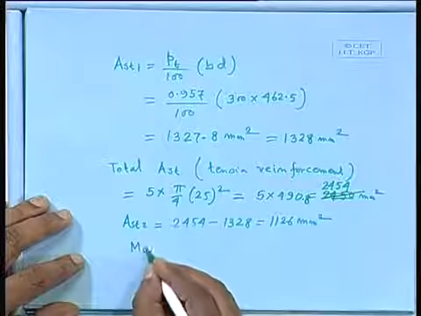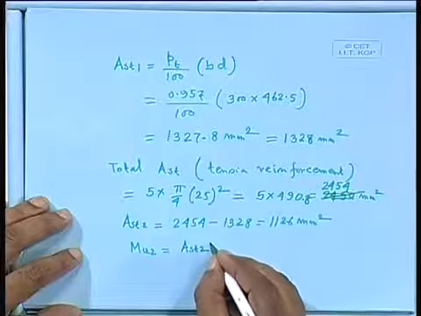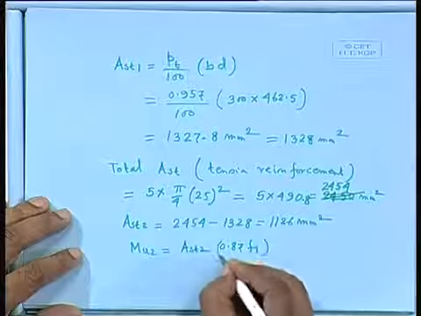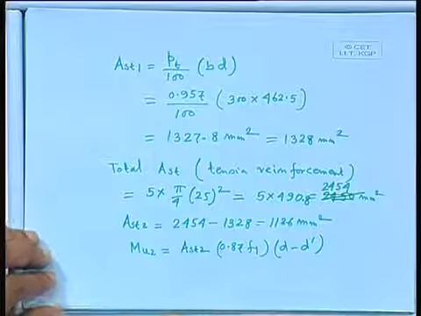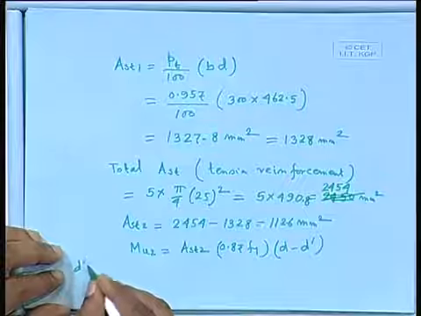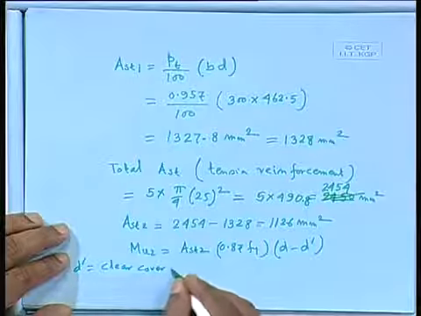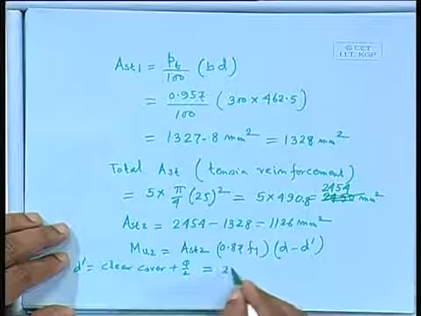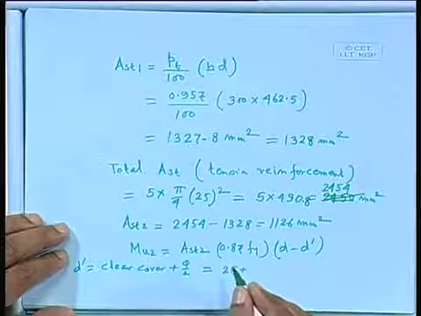Mu2 will be equal to Ast2 times 0.87 fy times d minus d dash. d dash equal to clear cover plus, let us say 5 by 2, which comes as 25 plus, and the top 3 numbers of 20 diabar, 3 numbers of 20 diabar at the top.